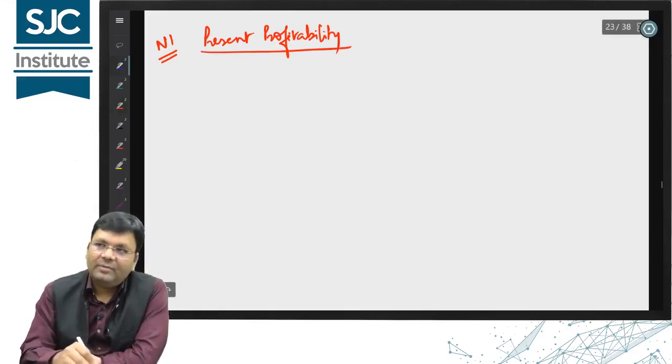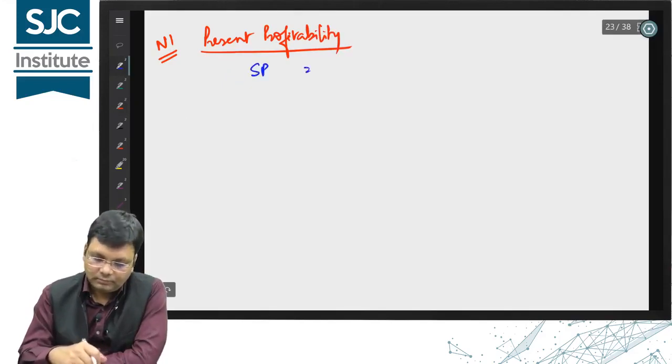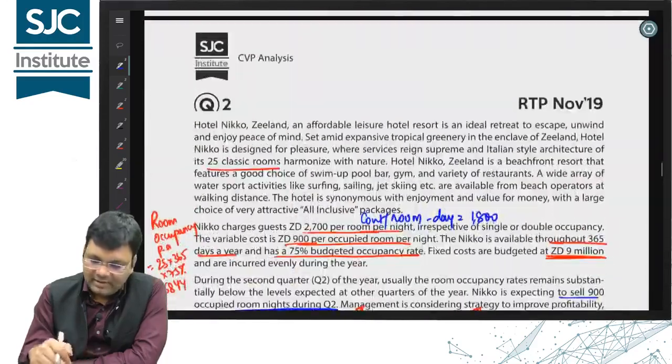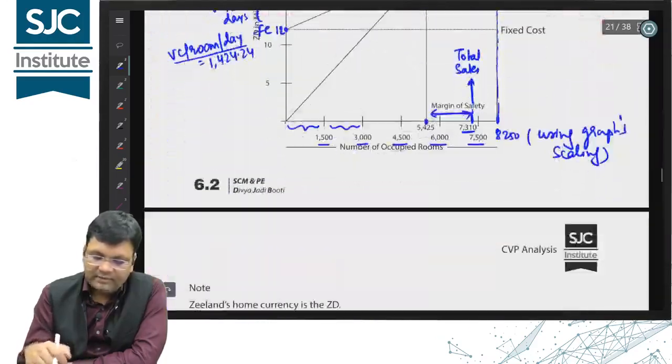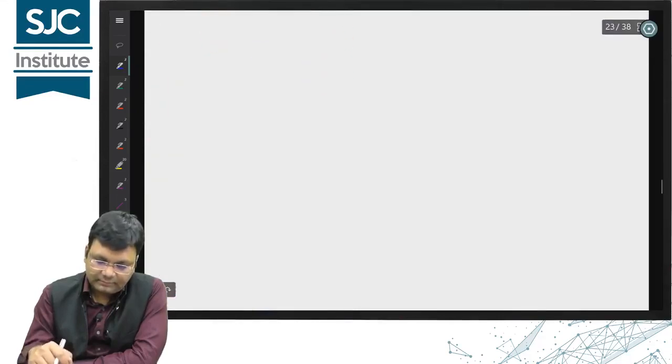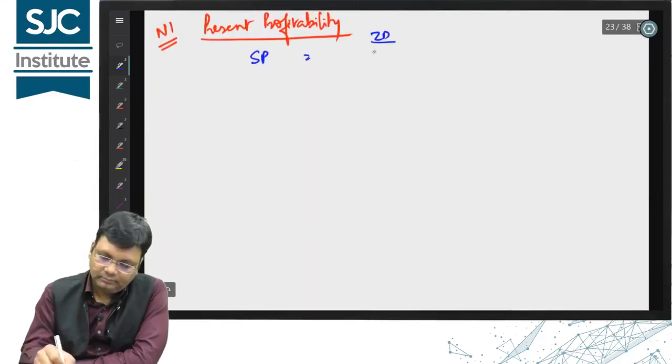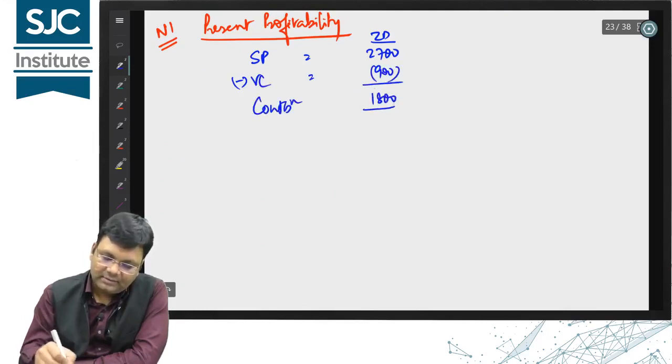Selling price is present 2700, variable cost is 900, so contribution is 1800. This is per room per day.